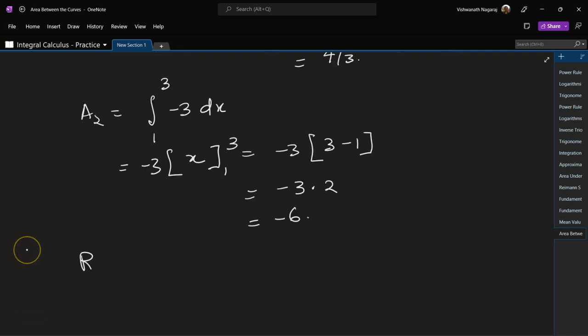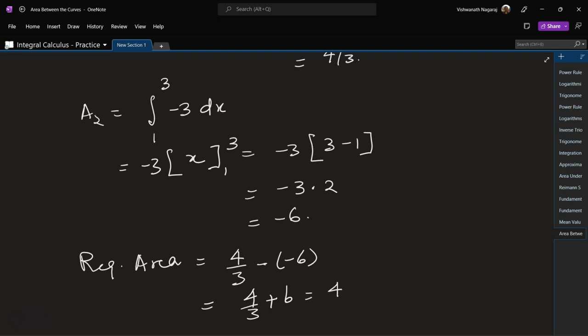And the required area is equal to 4 by 3 minus -6, which gives us 4 by 3 plus 6, which is 4 plus 18 by 3, which is 22 by 3 square units.